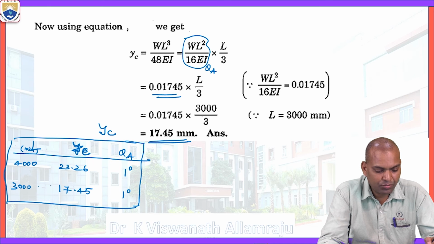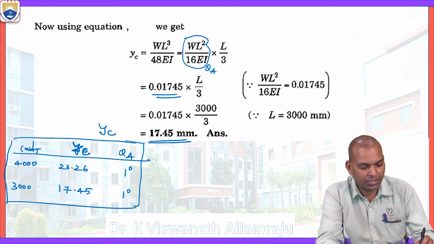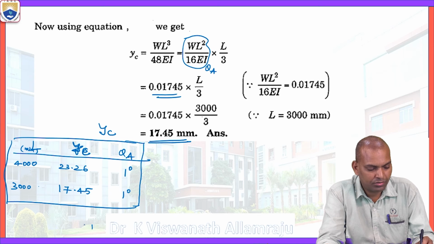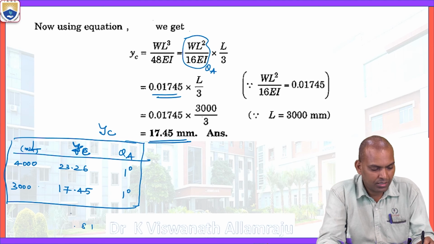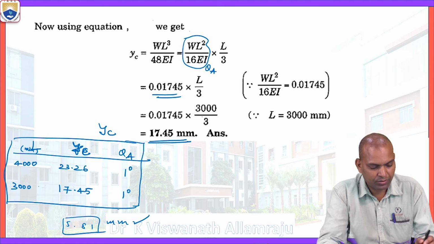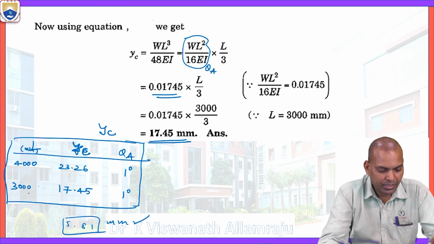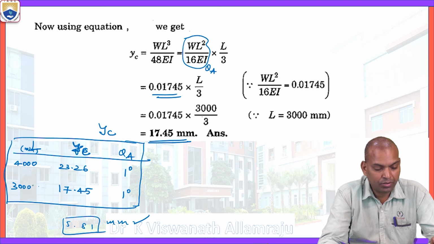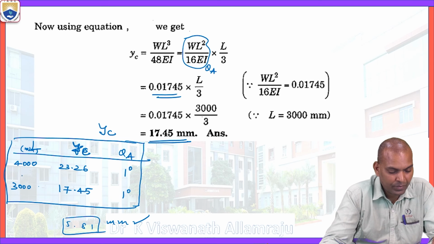As the L value increases, the deflection for the 4000 millimeter beam is 5.81 millimeters more in comparison with the 3000 millimeter beam.